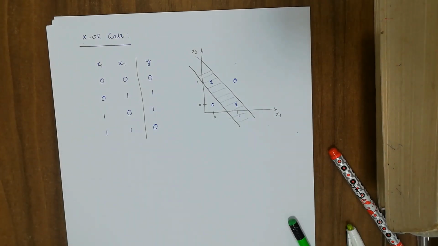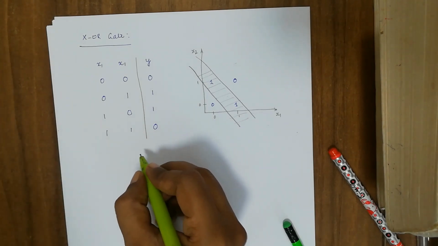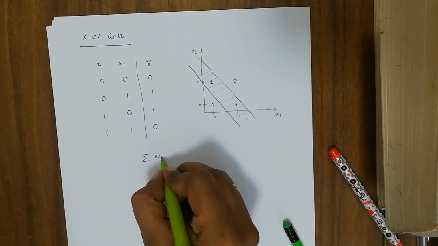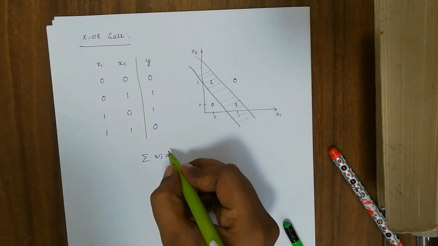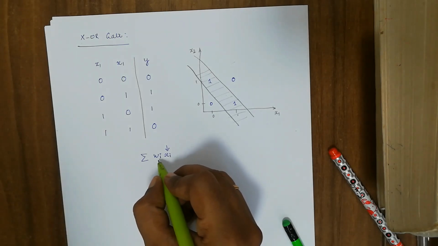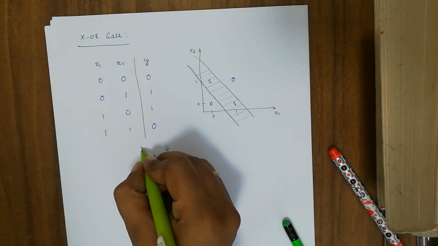Till now what we have seen is that we have taken the linear combination, which is Wi into Xi, the given input multiplied with Wi, where i ranges from 0 to n.